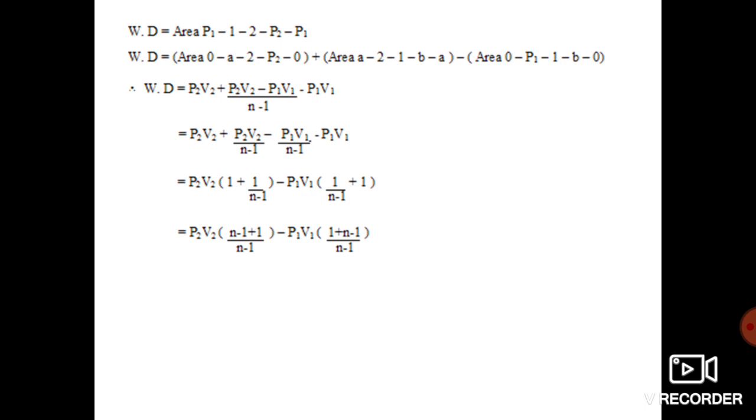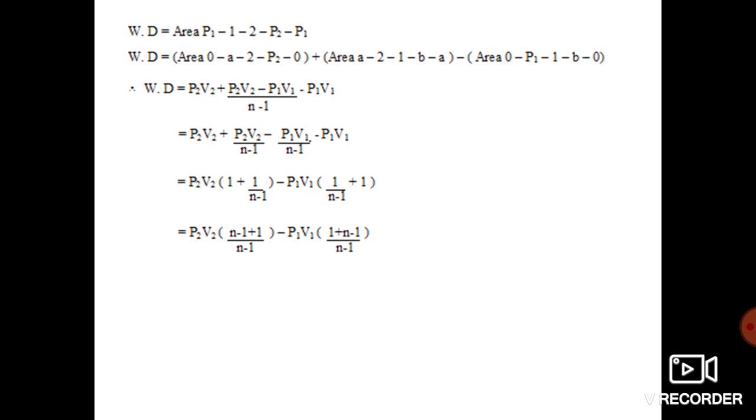Now taking the LCM, we get P2V2 (n minus 1 plus 1) upon n minus 1 minus P1V1 in the bracket (1 plus n minus 1) upon n minus 1.